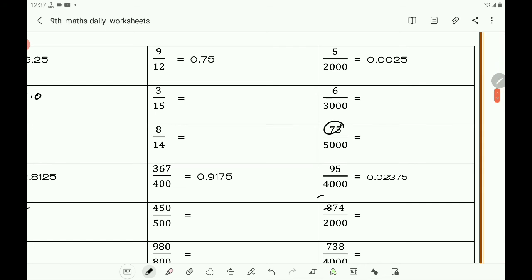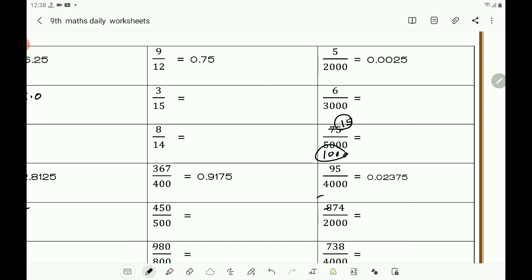Now 75 by 5000. You know that here is 5, here 75 is there. Both of them are divisible by 5. 5000 divided by 5 is 1000, and 5 15s are 75. Then it becomes 15 by 1000.